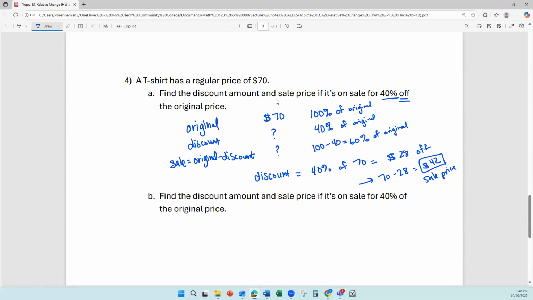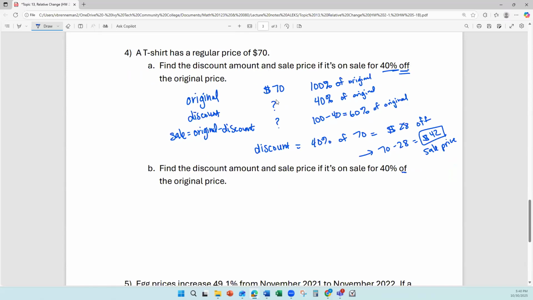And this is a super important new question, one letter difference. Find the discount amount and sale price if it's on sale for 40% off the original price. Find the discount amount and sale price if it's on sale for 40% of the original price. One letter difference switches the meaning. So now we have the original is 100% of 70.